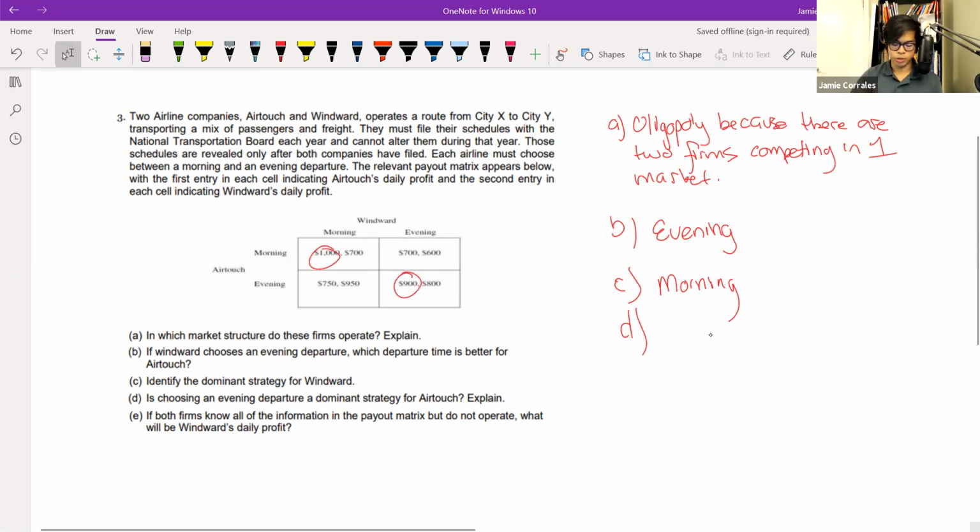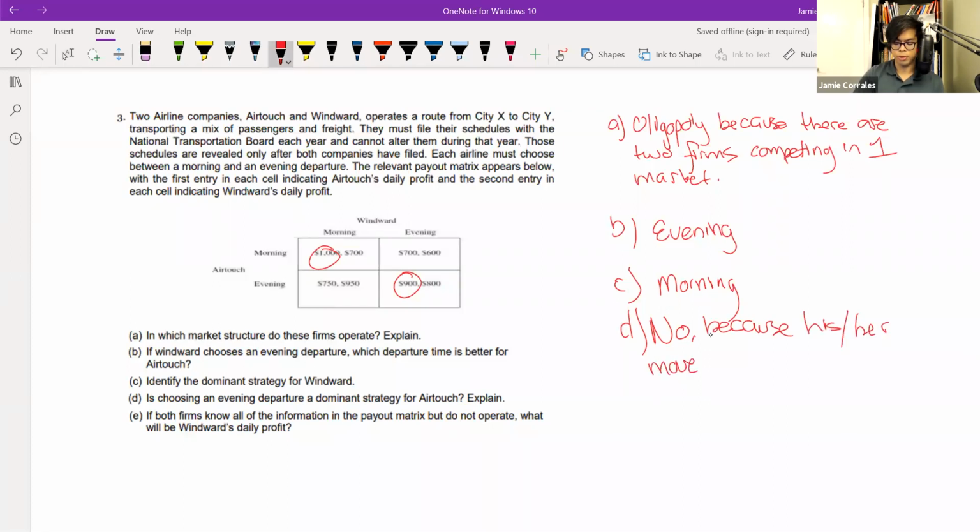So no, Air Touche does not have a dominant strategy because its move depends on what Windward does.